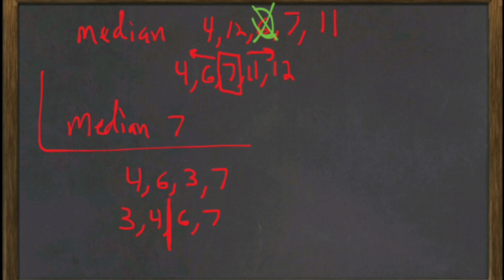In that case, we just take a simple average, or the mean, of these 2 numbers. And in this case, again, it's quite simple. We get a median of 5, halfway in the middle of 4 and 6.